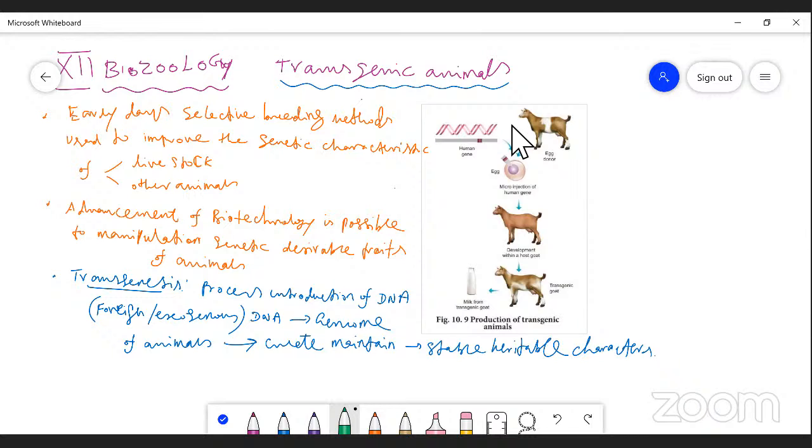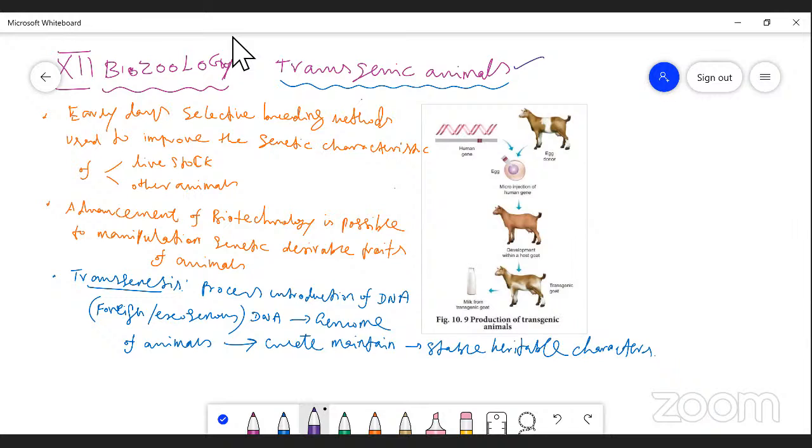Now today we are going to study the topic called transgenic animals. What is called transgenic animals? What are the uses of transgenic animals? What is called biological product?